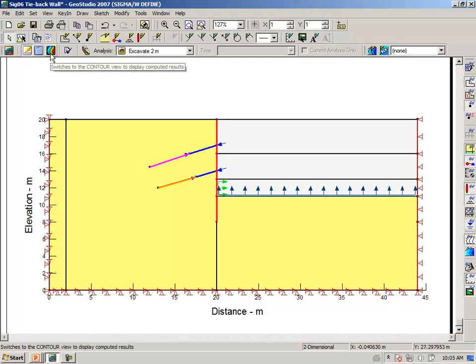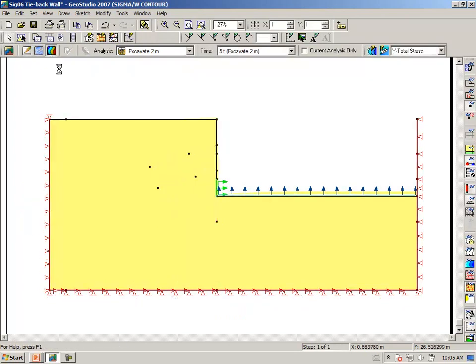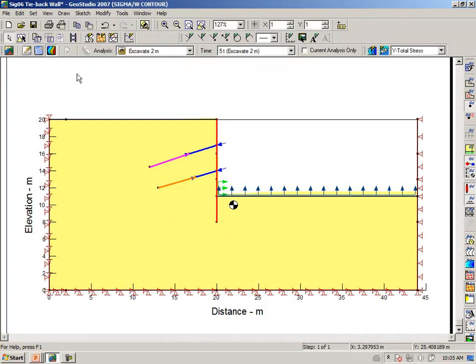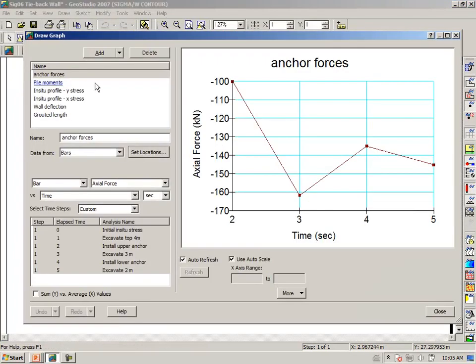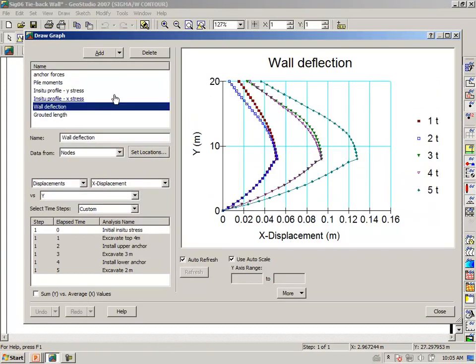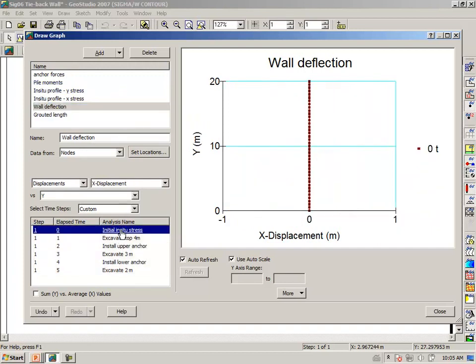Going to the results view, looking at the results by draw a graph, the wall deflection is probably the most interesting to start with. Notice that the wall deflection obviously is 0 at the in situ stage.